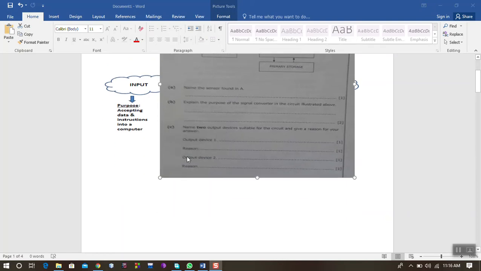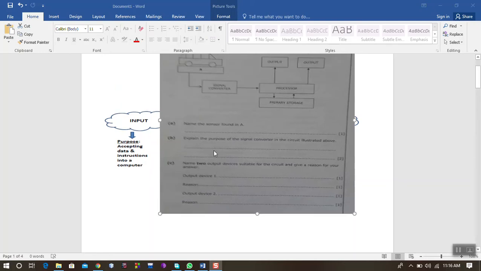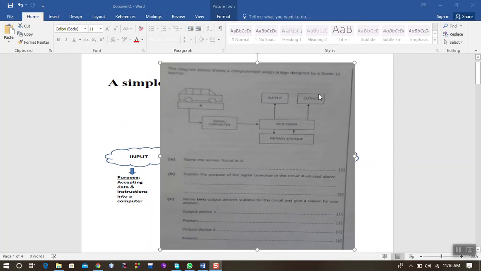Then the next question: name 2 output devices suitable for the circuit and give the reason for your answer. So we're talking now about the output. They want the 2 outputs. Which 2 outputs do you think can be suitable here? This is the microprocessor.